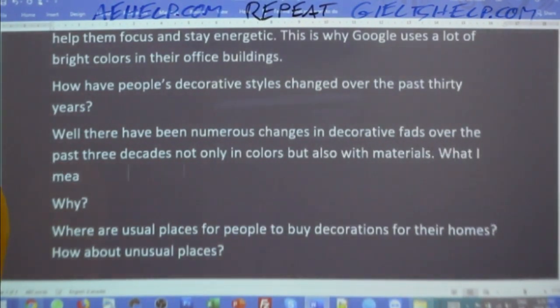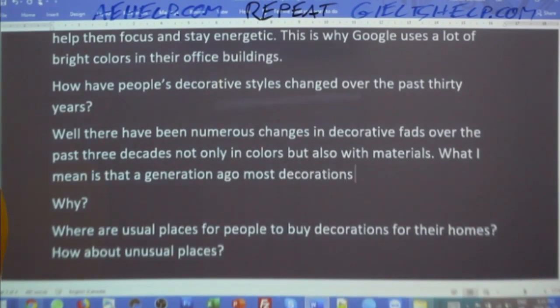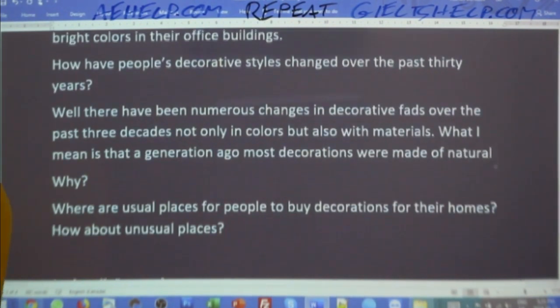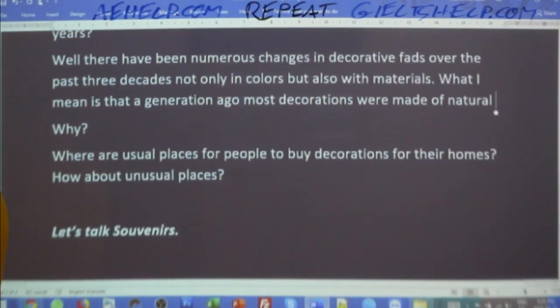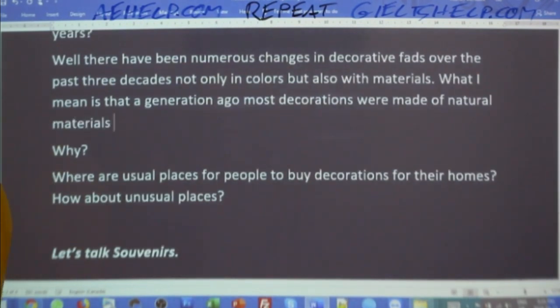What I mean is that a generation ago, most decorations were made of natural materials like wood and were earth tone, darker colors.